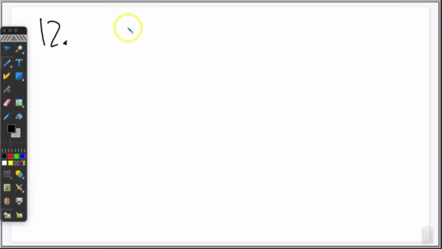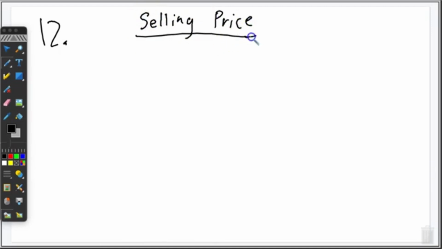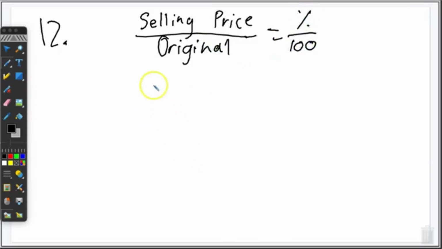So we will do selling price over original equals percent over 100. We do not know the selling price right now, but we know the original price is $60.